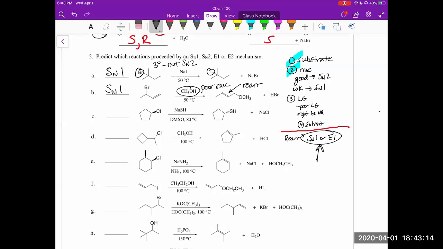Since we didn't go over the SN1 reactions today, are we going to get points knocked off if we wrote SN2 instead of SN1? Each one of these, the S versus E part is like half of the points. You can tell based on just, we went over poor nucleophiles being SN1, and that could be your first clue.